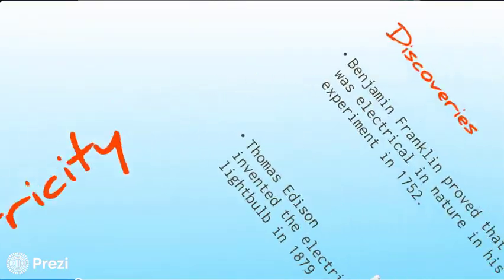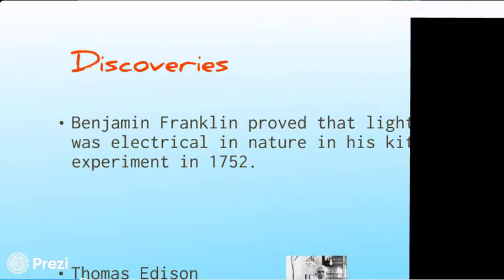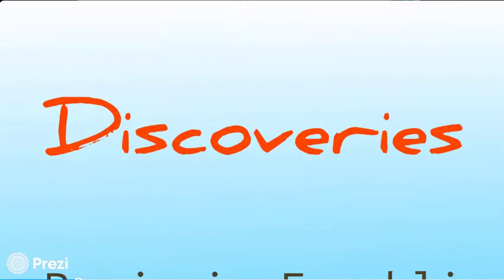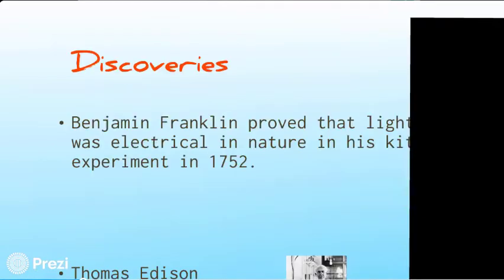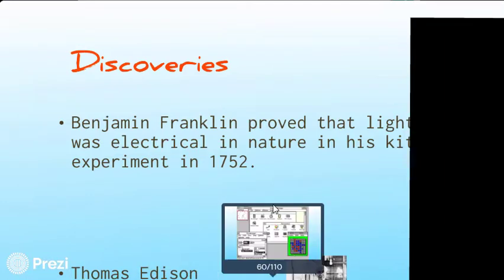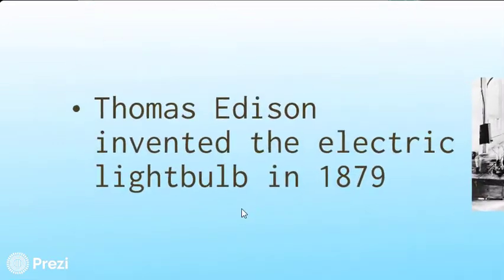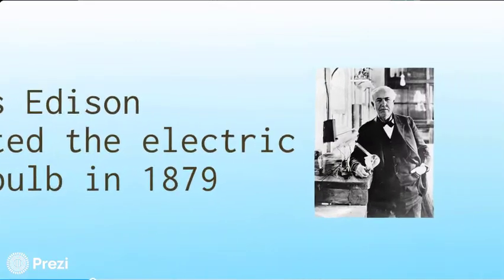Next is electricity. Electricity paved the way to really improve computers, which of course was started by Benjamin Franklin, who proved that light was electrical in nature in his kite experiment, followed by Mr. Edison, who invented the electric light bulb in 1879.